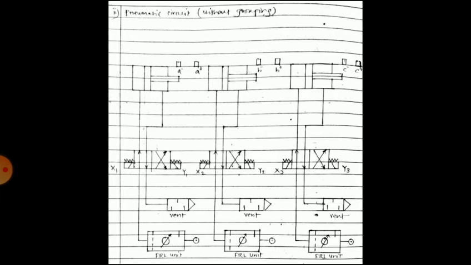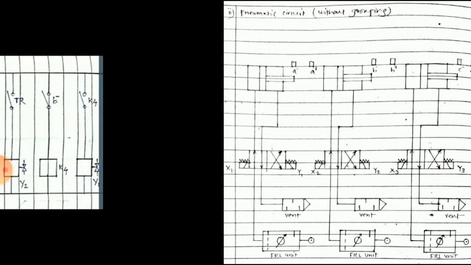You can see in the diagram, Y2 is the second solenoid of cylinder B. When Y2 is energized, it will change the position, there will be the cross flow, and due to that there is a return stroke of cylinder B. When the piston rod reaches the end of the return stroke at B minus, the B minus switch will get activated.